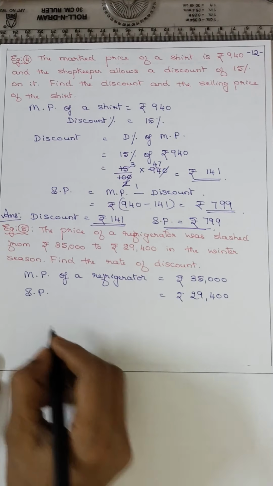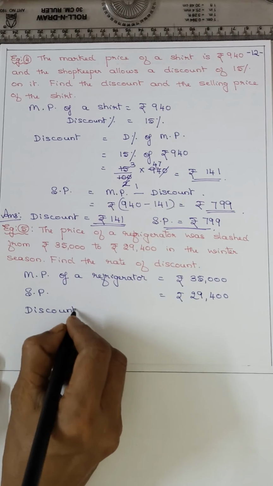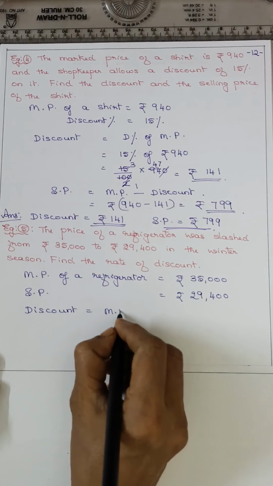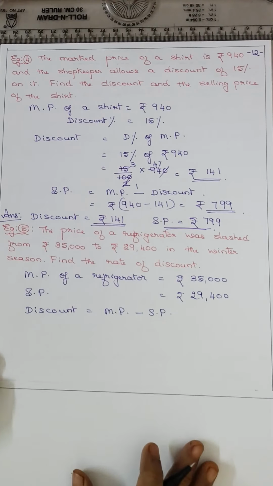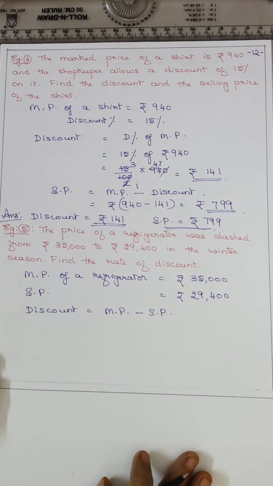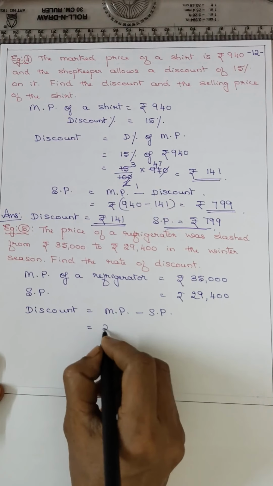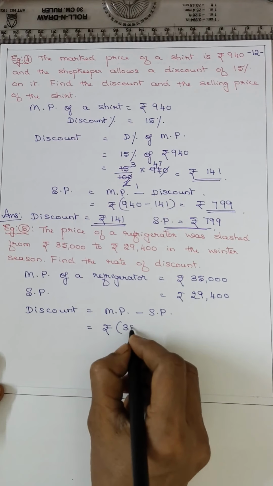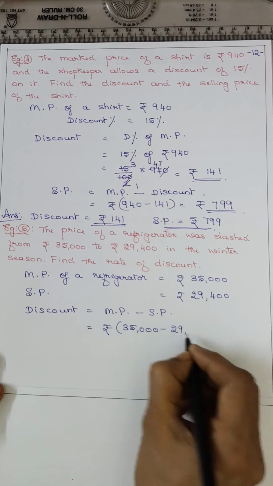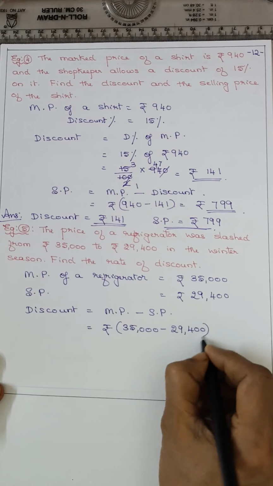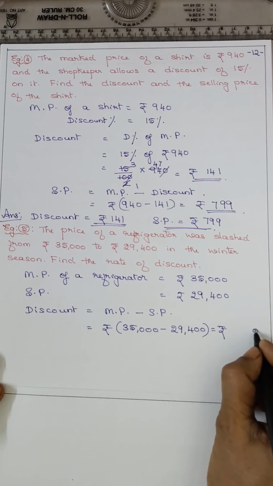29,400. Now discount, what is the formula? MP minus SP, right. Discount is equal to marked price minus the selling price. So find out 35,000 minus 29,400, that is rupees 2 zeros.